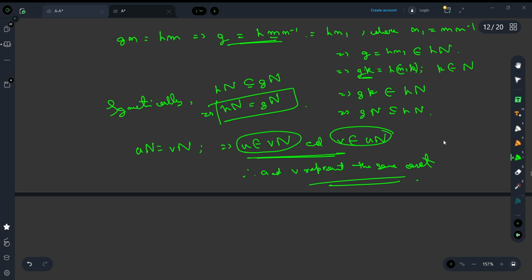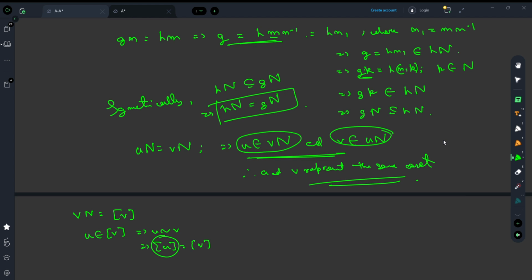These cosets come out to be equivalence classes of the relation x minus y is in this subgroup N. So in that case, vN is sort of the equivalence class of v. So if any element is in the equivalence class of v, then that implies u is related to v. But if u is related to v, then the equivalence class of u must equal the equivalence class of v. Equivalence class of u is just uN, and the equivalence class of v is just vN. So I guess now you people can relate, if you know how with respect to the standard procedure we introduce the concept of a quotient group, how these things take place, right?